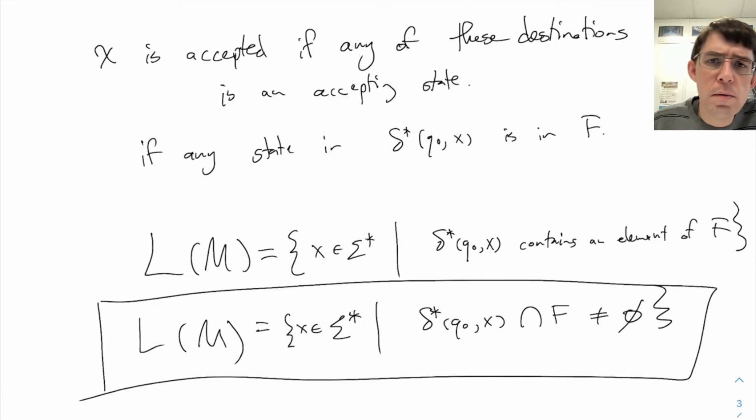I want to talk about one thing that's really nice about NFAs: you can easily combine NFA diagrams to accept different languages. For DFAs, you can take the complement very easily.